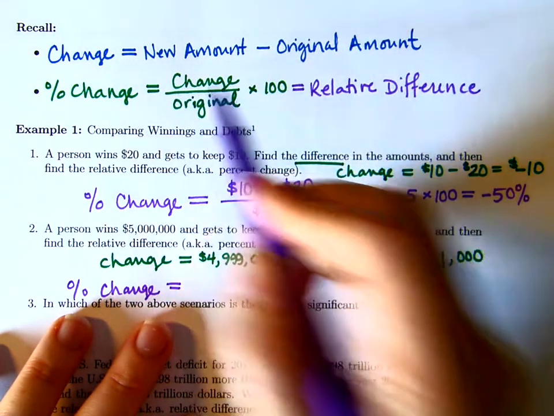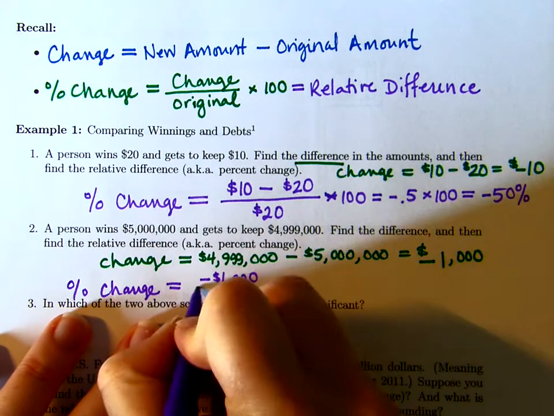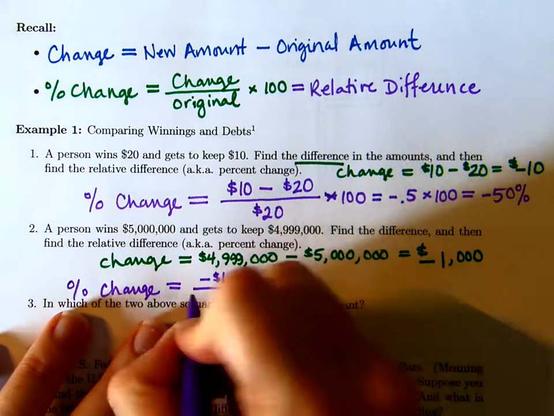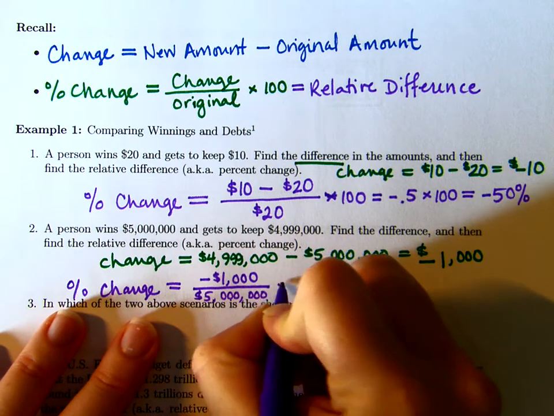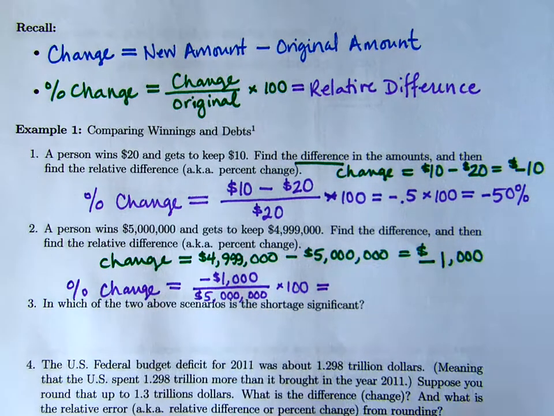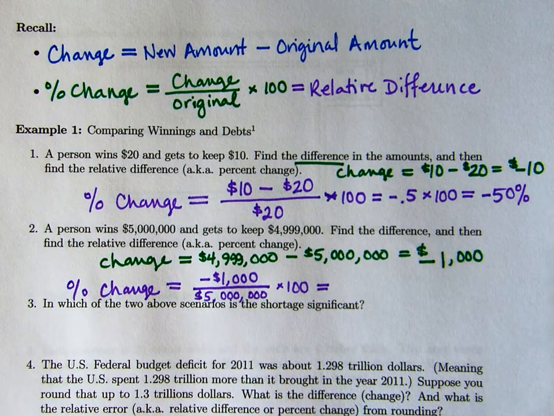So the change is down $1,000 compared to the original of 5 million, and then scale it up to be a percentage. I mean, 1/5,000th. Okay, hold on.